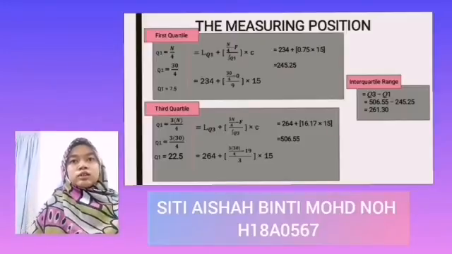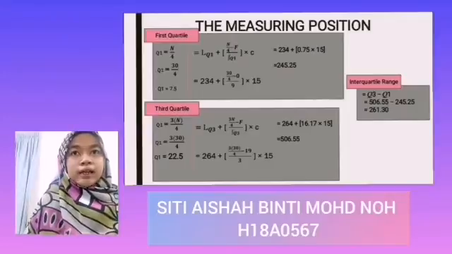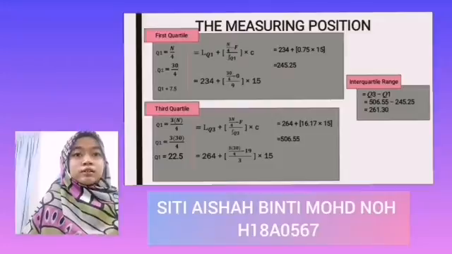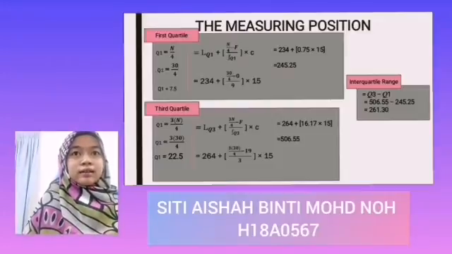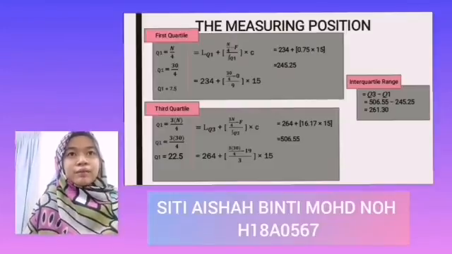For the total, it is 234 plus brackets 30 divided by 4 minus 0, divided by 9, multiplied by 15.